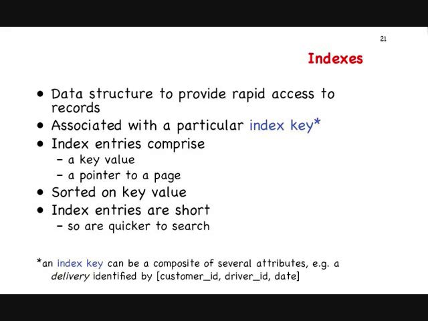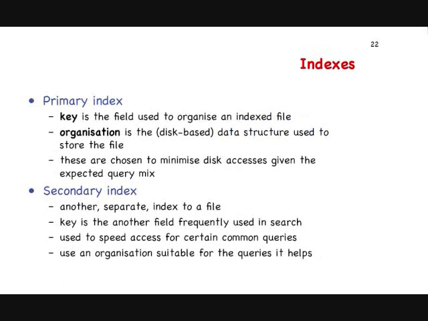We sort our index on the key value, so the index records are shorter, and you get more of them on a page. They're shorter, which makes them quicker to search. So that's good. Rather than searching big long records, we're searching nice short indexes. And the index gives us a page address, which is basically a pointer. It's a pointer which we give to our buffer manager and say, I want that one. And the buffer manager then goes and does stuff.